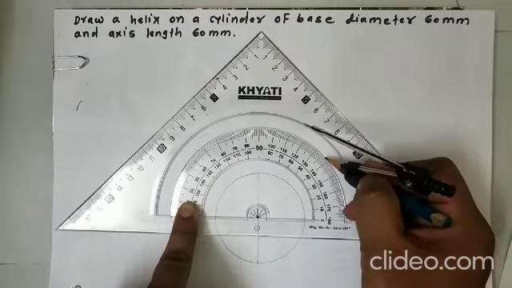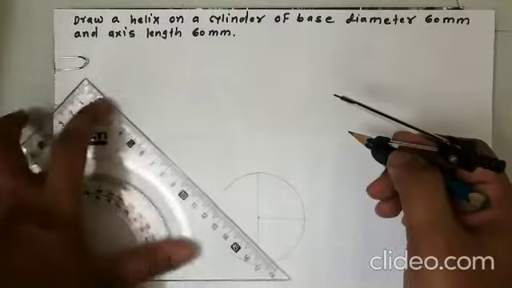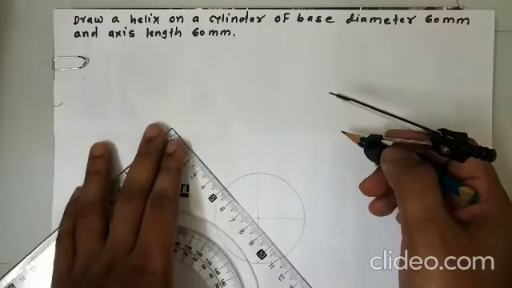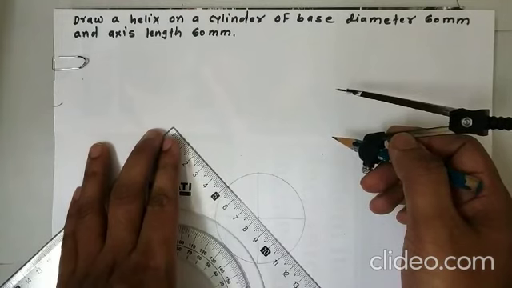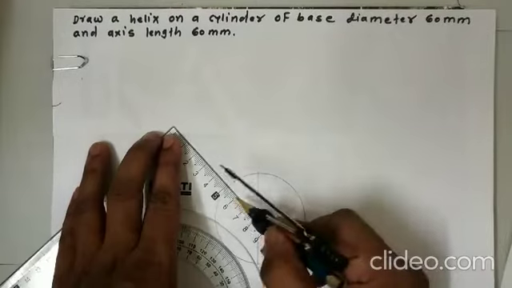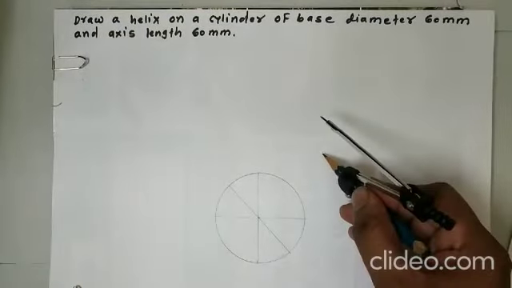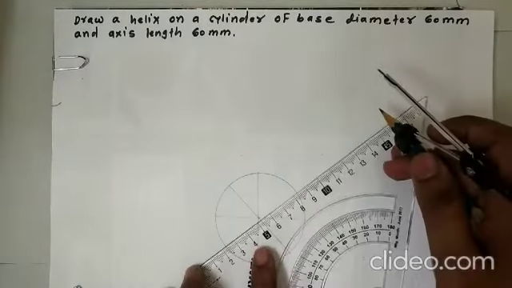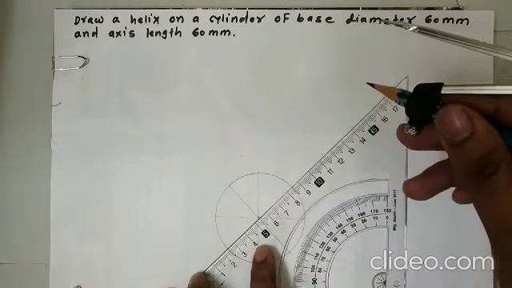Draw the line passing through the center point of the circle at an angle of 45 degrees. Like this. Now consider this point. Draw a line at an angle of 45 degrees passing through the center of the circle.